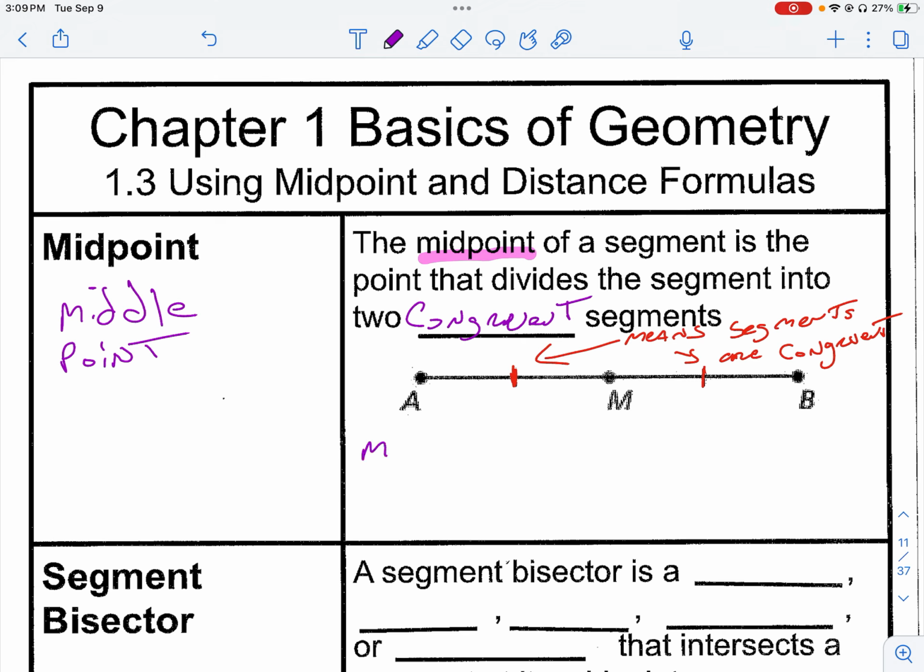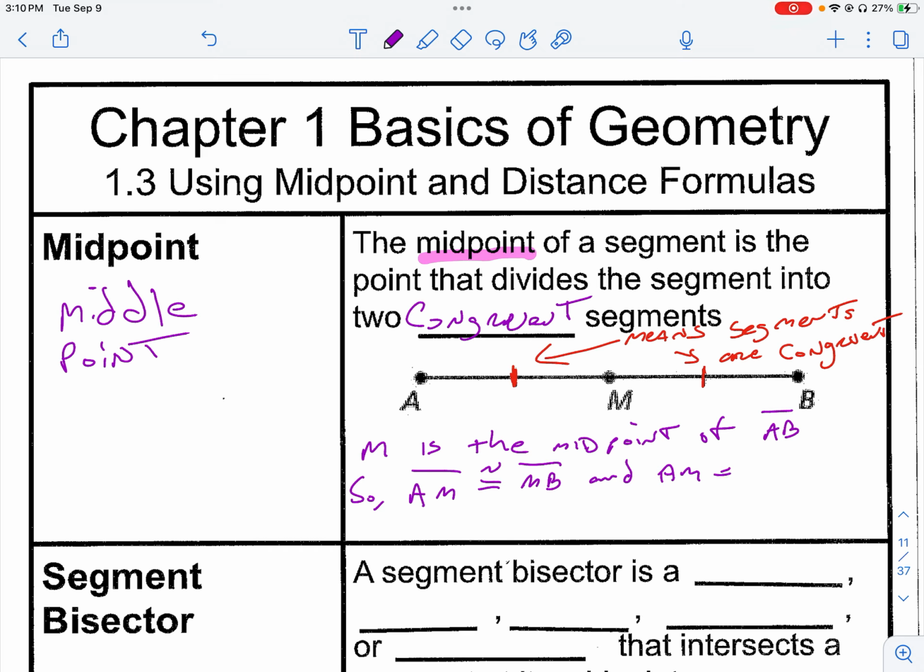So here in our segment AB, M is the midpoint of segment AB. So segment AM is congruent to segment MB, and AM equals MB.